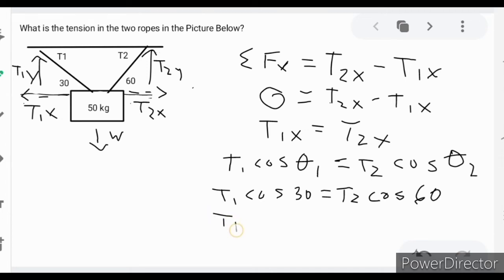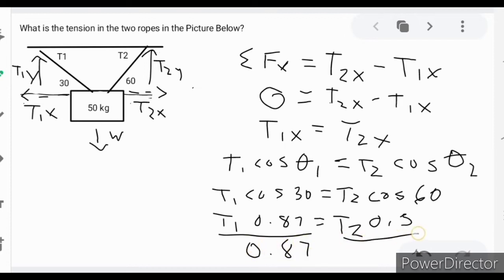Then we can calculate the value of cosine 30 and cosine 60. Based on our calculation, the value of cosine 30 is 0.87, and the value of cosine 60 is 0.5. Then we can divide 0.87 on both sides to simply get the equation for T1.